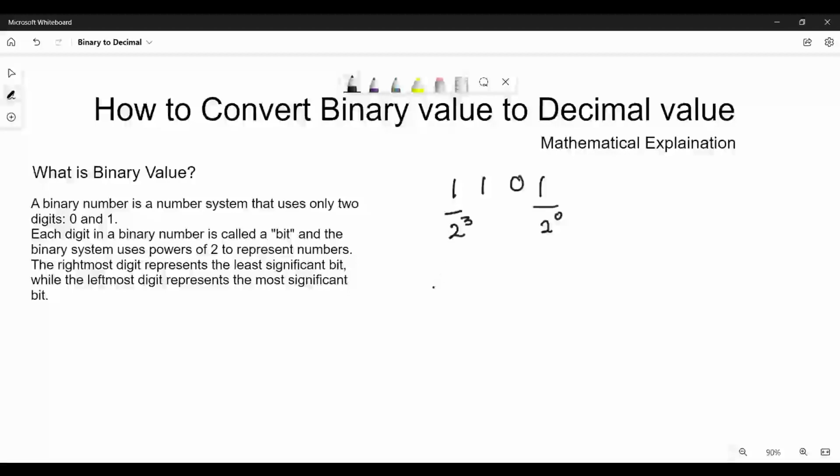Now, how to convert this binary value to decimal? Let's see the general formula for that. I'm representing decimal using a D and binary using a B. So decimal equals binary. Now this is 1 bit that we're talking about here. That would be B n times 2 to the power of n.